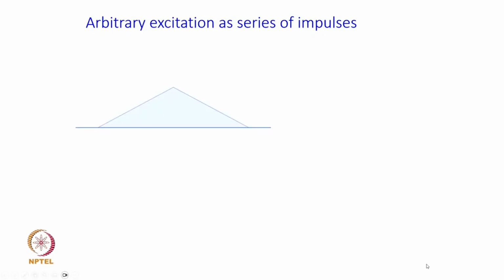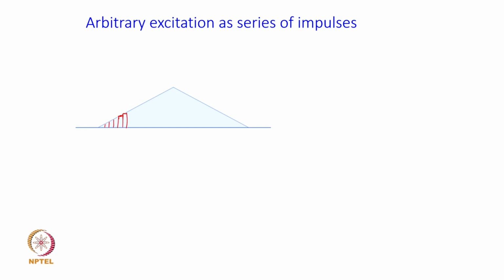Okay. So, let us look at any arbitrary excitation shown here as a triangular excitation function, which as we discussed can be approximated by a series of impulses of strengths which are going to change over a period of time.